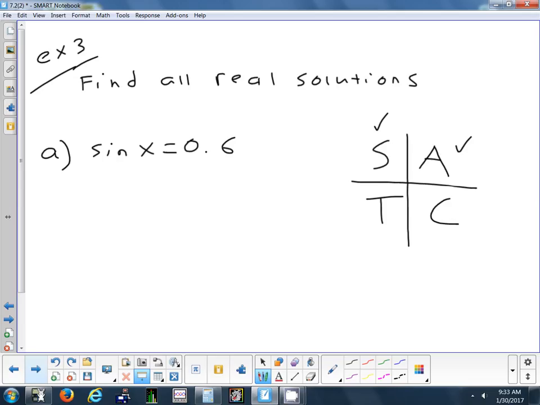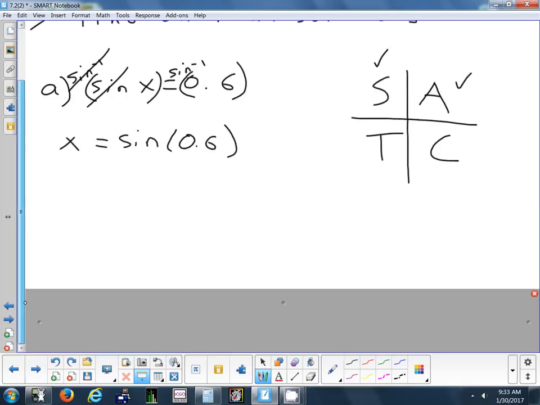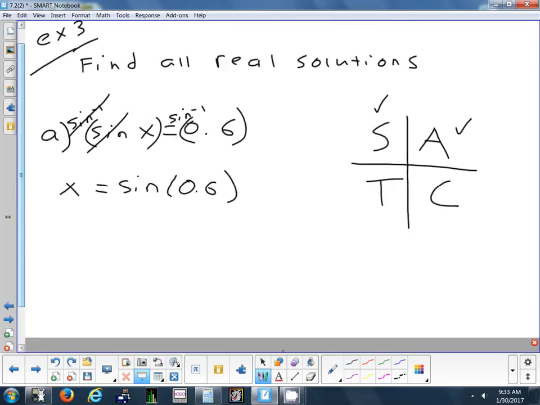The calculator will give us one of them. Then that's our reference angle. From there, we can get the second one. How do you get rid of sine? What would you do on each side of the equation here? Take the inverse sine. And very simply, that's our first answer. It's the inverse sine of 0.6.